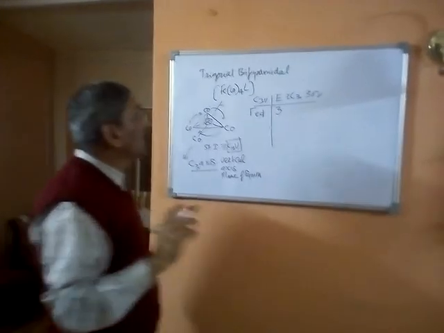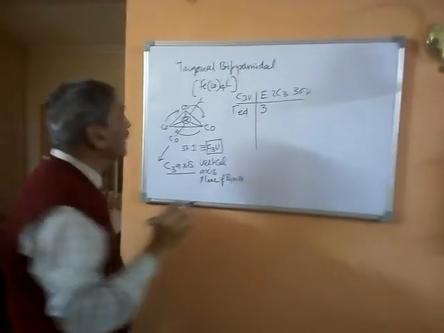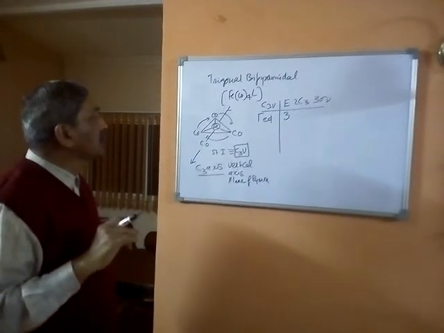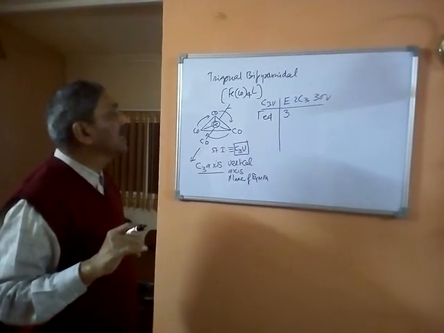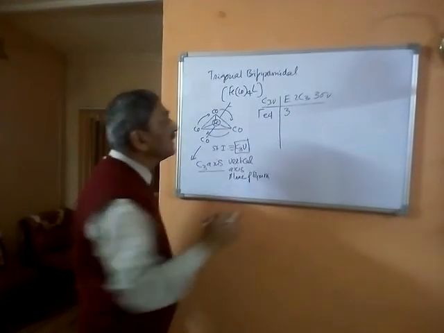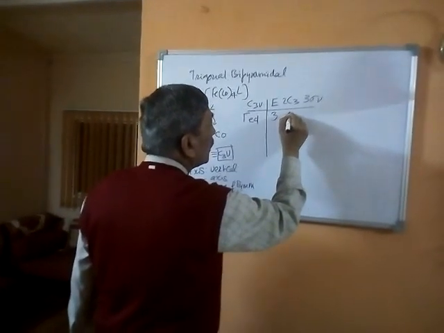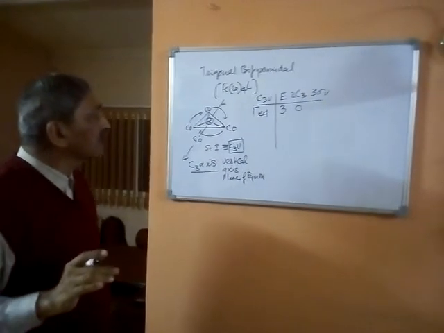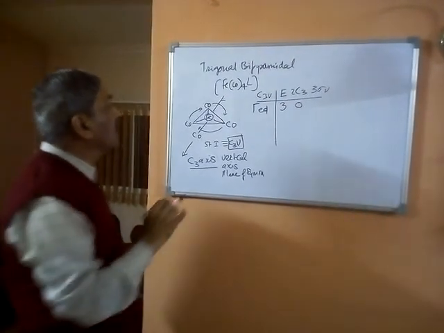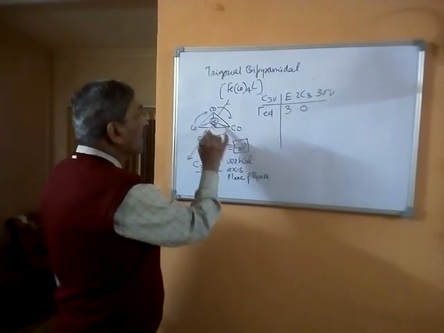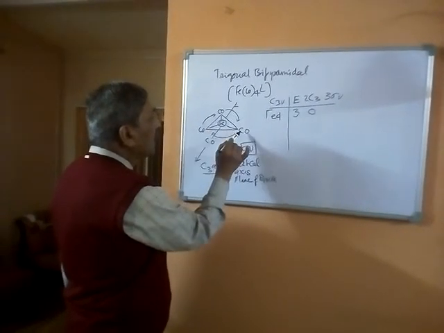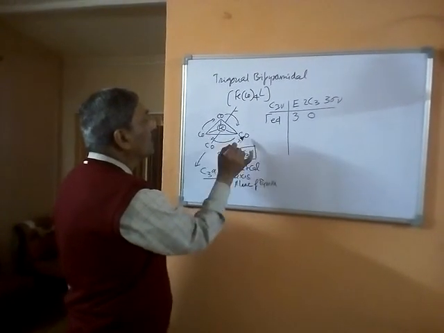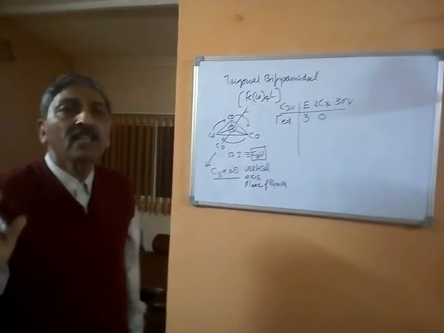So under the identity operation, since there are 3 COs and they are not changing their positions, the character will be 3. If you look at C3, you find that all the 3 COs change into one another. That means CO A goes to B, B goes to C, C goes to A, and so on. Since all the COs are changing, the character will be 0. If you look at sigma v, there will be 3 sigma v's and a sigma v will carry the iron atom as well as one CO, so that CO will not change its position.